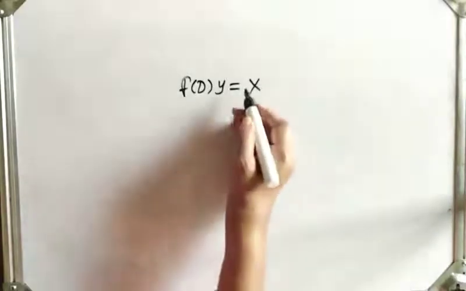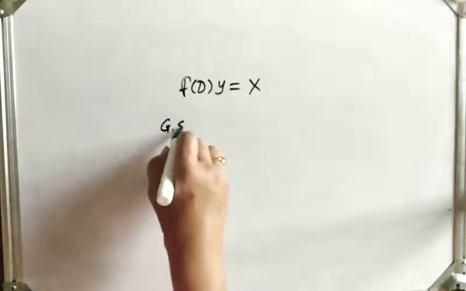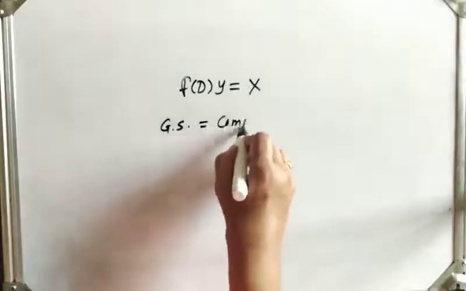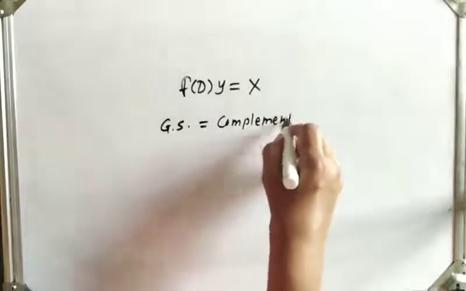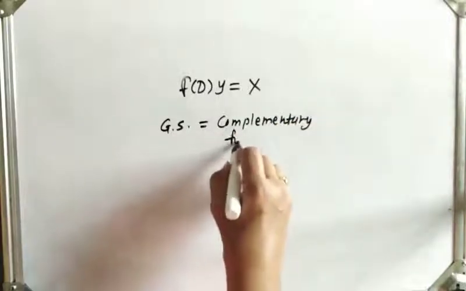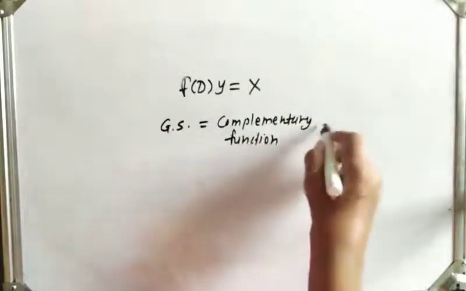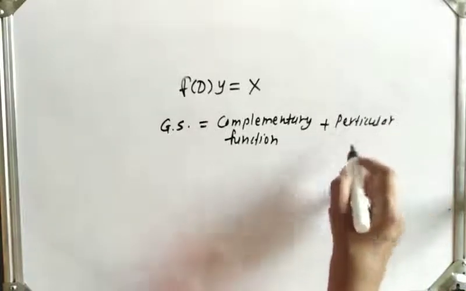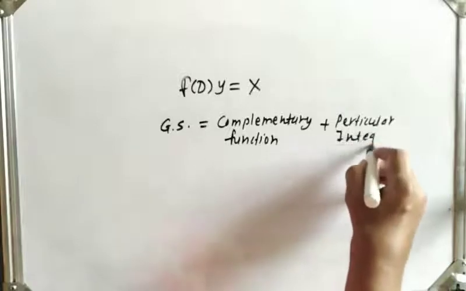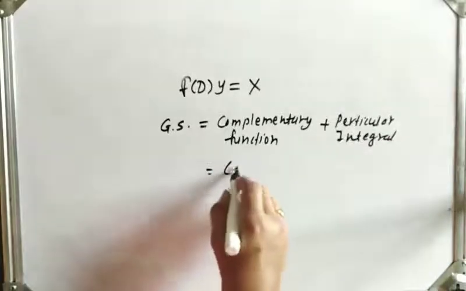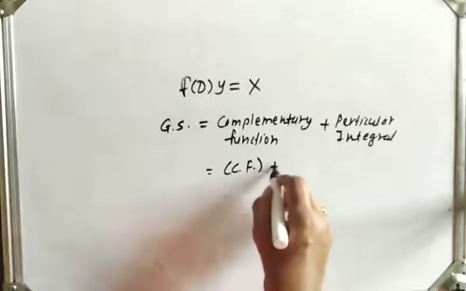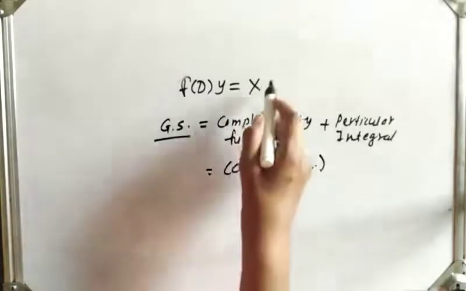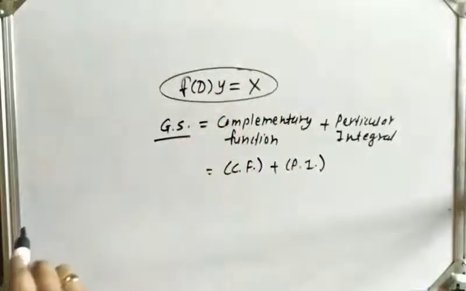Then the general solution, GS, is equal to complementary function plus particular integral. That is the general solution of a non-homogeneous equation.